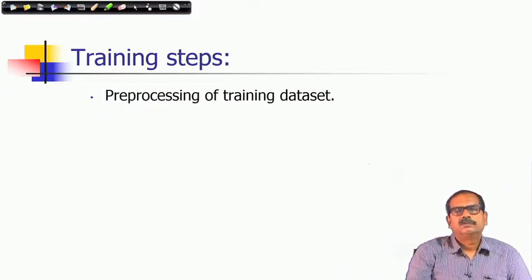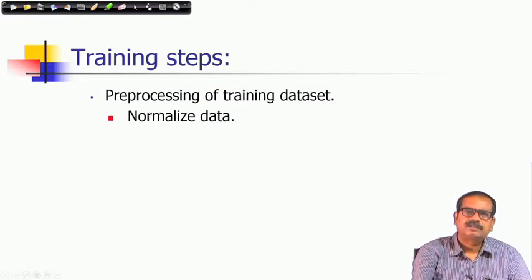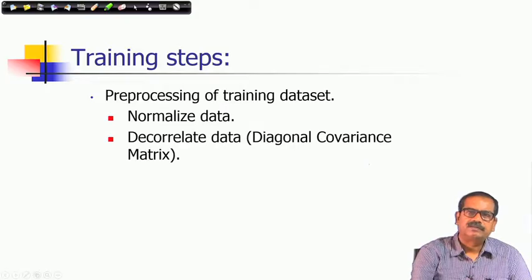There are a few things we would like to discuss about training of this network. First thing is that we would like to preprocess the training data set. Different kinds of preprocessing are required. We need to normalize the data with respect to its variances. Then decorrelation is also required, which means diagonalization of the covariance matrix.